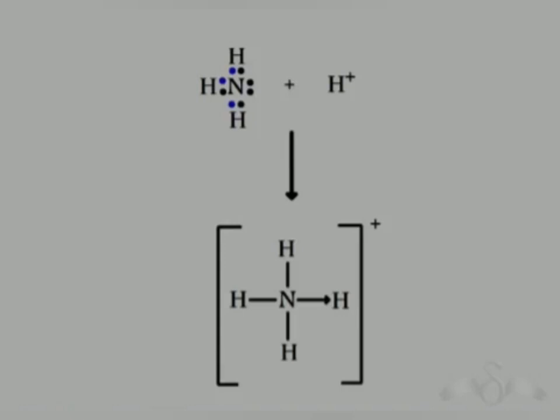So nitrogen shares this lone pair of electrons completely with hydrogen. Now the nitrogen atom is also stable as it has the octet structure, and the hydrogen is also stable as it has the duplet structure. So this is known as a coordinate bond.